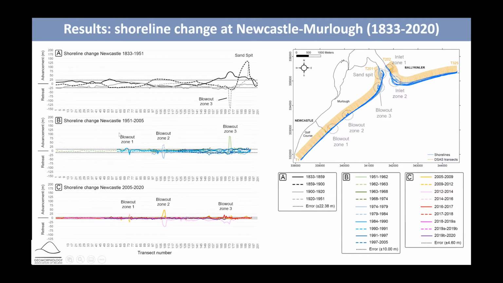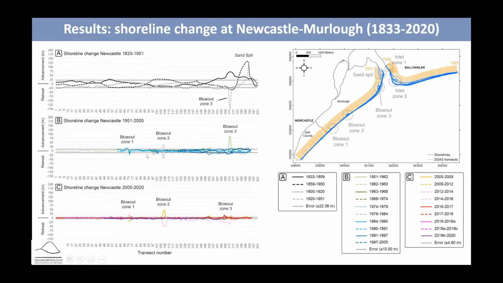If you go to most recent years, from 1951 to 2005, you can see that 2 other blowout zones were generated, and blowout zone 3 was basically recovered almost entirely.